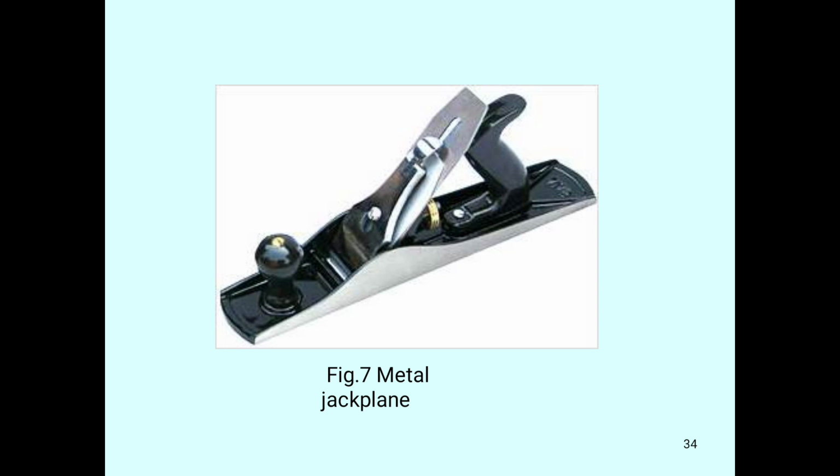These two are made of wood, and the remaining parts, that is wedge, cap iron, blade, that is nothing but the iron cutter, and the other parts, that is adjustable screws and lever screws, are all made of iron. The body of this metal jack plane is made of grey cast iron.